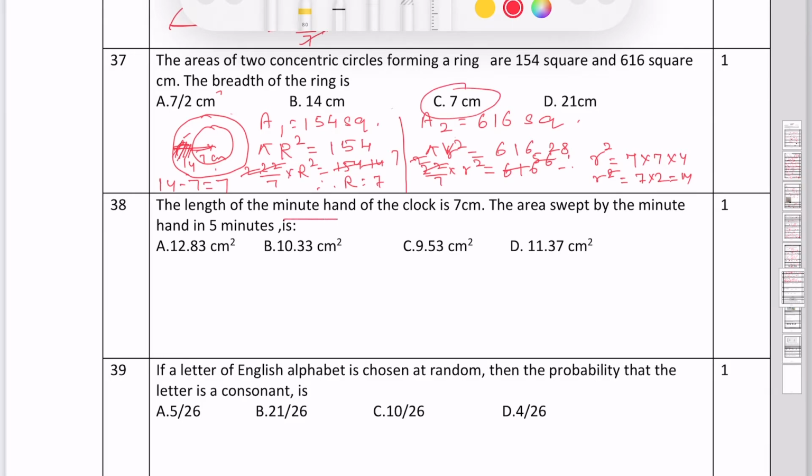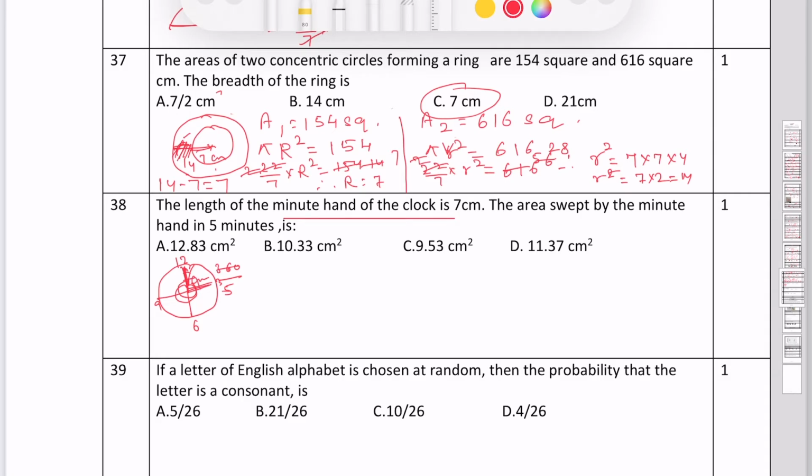The length of the minute hand of the clock, that means radius is given, 7 centimeter. What is the area in 5 minutes? If you see, the complete is 360 degree, and from 12 to 3, 6 and 9, what will be here?